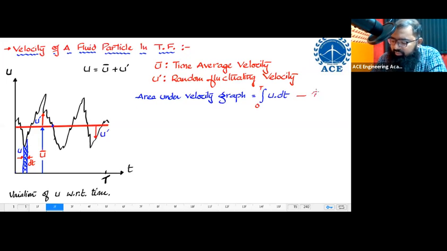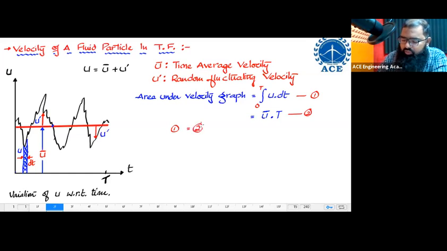Let me save it as equation number 1. Now I can say area under this red line has to be equal to how much? The same thing has to be also equal to, this velocity is u bar, so u bar multiplied to what time are we looking at? We are looking at a time of capital T. Let me save it as equation 2. Now I know that equation 1 and equation 2 are the same.